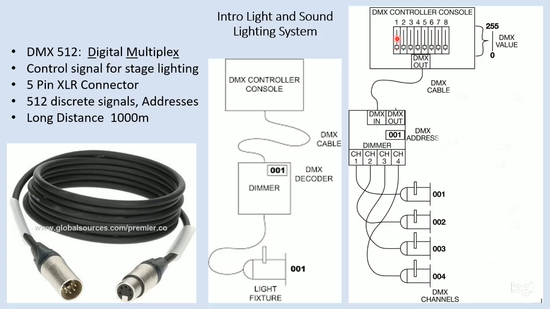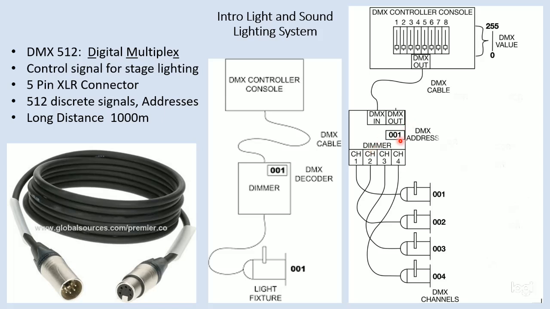So when I slide up number 1, we're going to send DMX signal into our dimmer, which is going to tell dimmer number 1 to turn on, which is going to turn on our first light. Conversely, or additionally, when we slide up number 2, it's going to send signal to our second light, and number 3 to our third light, and 4 to our fourth light.